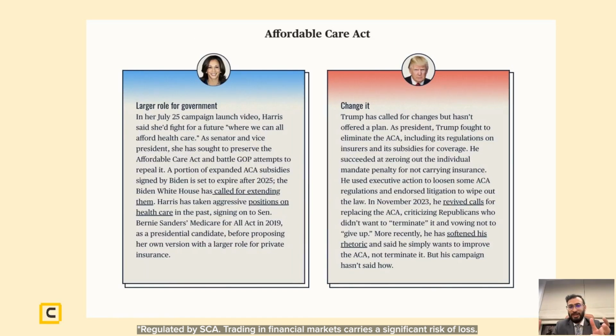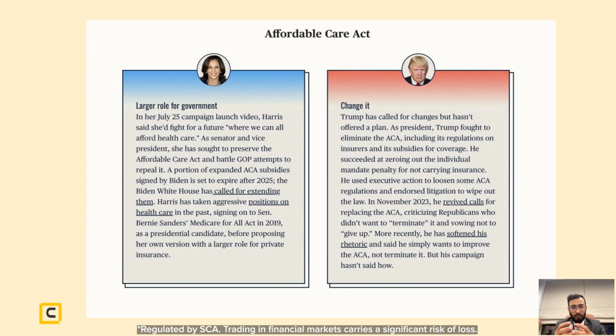Coming back to the healthcare part, the Affordable Care Act, again, both the candidates have a very different perspective. Kamala Harris, as a Democrat, feels that there should be a larger role for government in the Affordable Care Act.